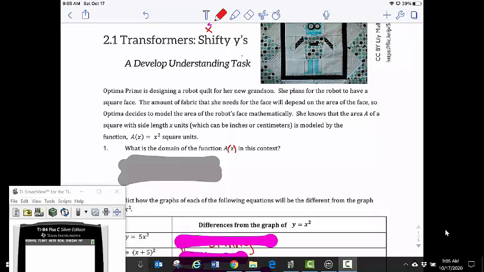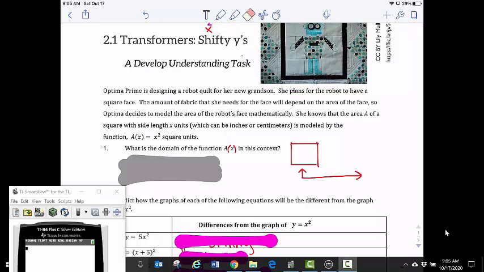What is the domain of the function in this context? Think, what are the possible lengths of the square? Well, it can't be less than 0, and it actually can't be 0, because if the length were 0, then you wouldn't have a square, and theoretically it could be really, really long.